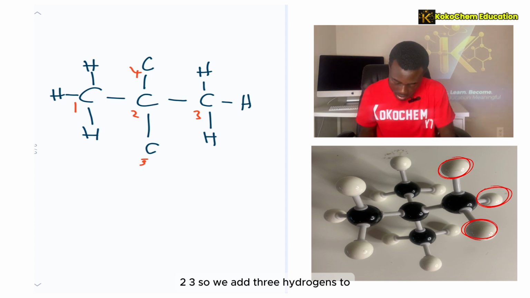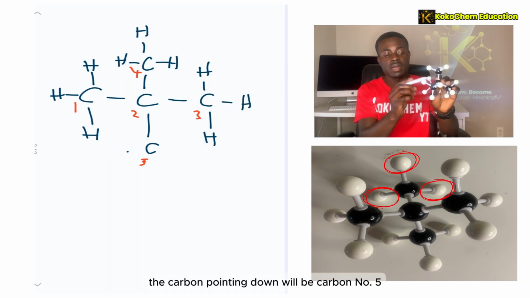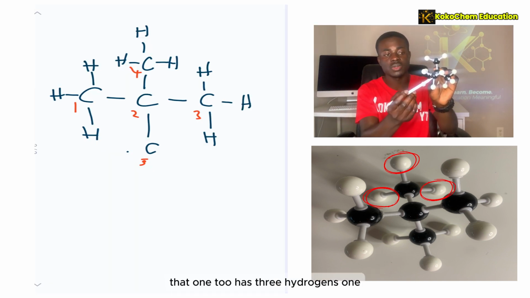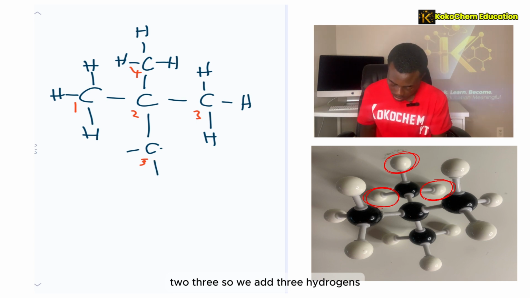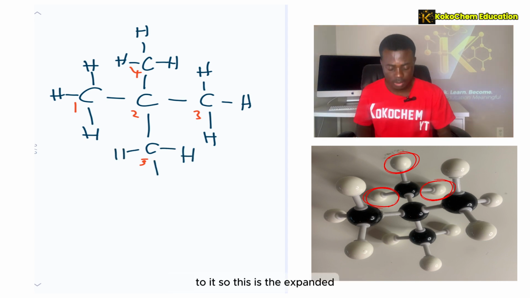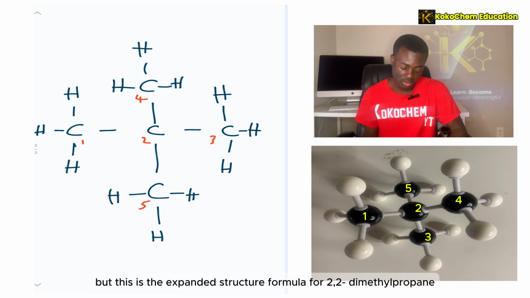So we add 3 hydrogens to carbon number 4. The carbon pointing down will be carbon number 5. That one too has 3 hydrogens, 1, 2, 3. So we add 3 hydrogens to it. So this is the expanded. It's a little bit messy, but this is the expanded structure formula for 2,2-dimethylpropane.